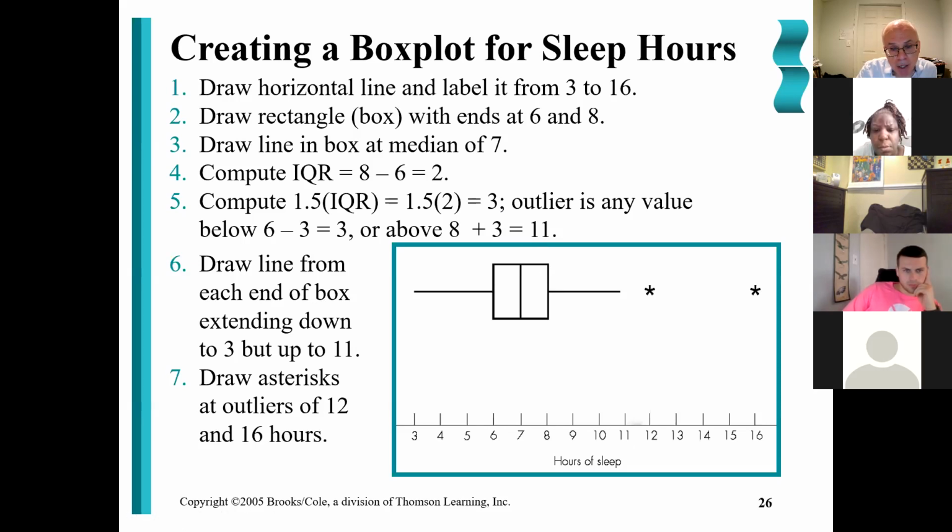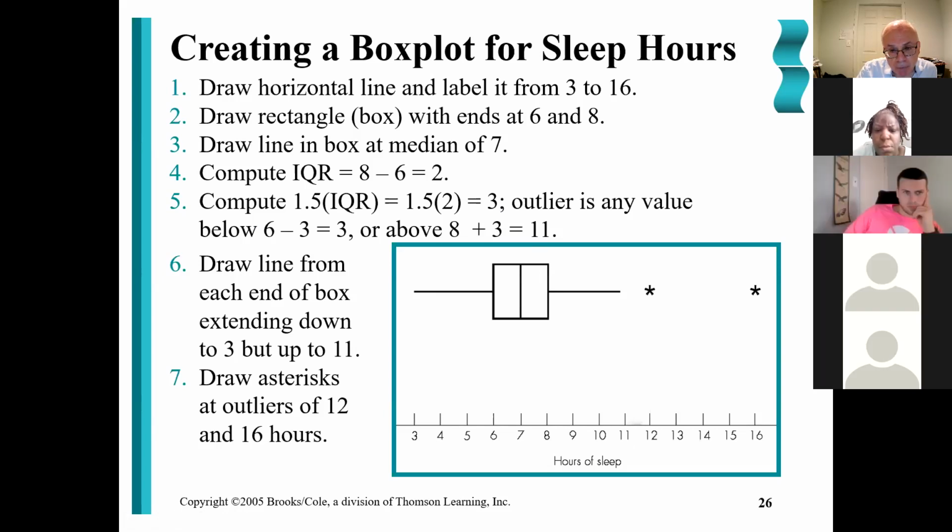Any numbers in your data set that are bigger than 11 is an outlier. All right? And that's why they have 12, which is in your data set, and they have 16, which is in your data set, have asterisks next to them, because they are outliers.